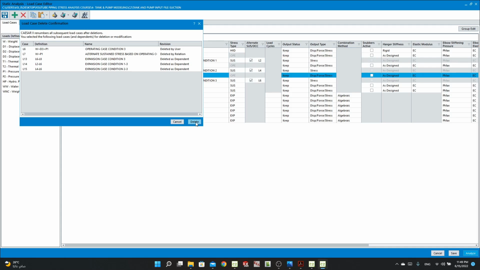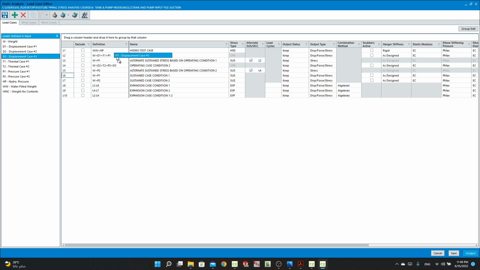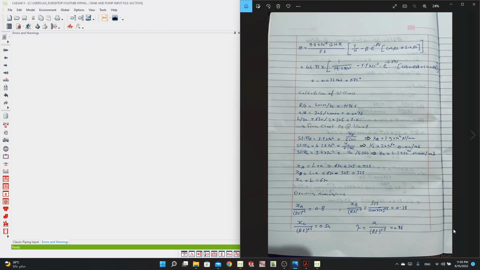This is why it puts this operation, so you just need to delete it, and take the D3 and add it to the design operating case and the operating case. This is because you consider the thermal growth and all the displacement plus the settlement. It will be added only in the operational case. Then you run the analysis.